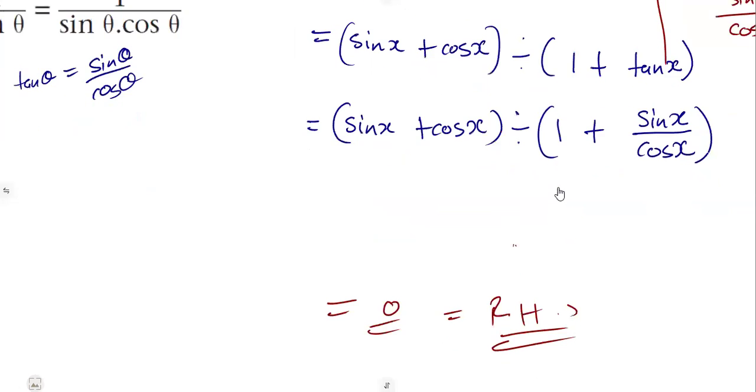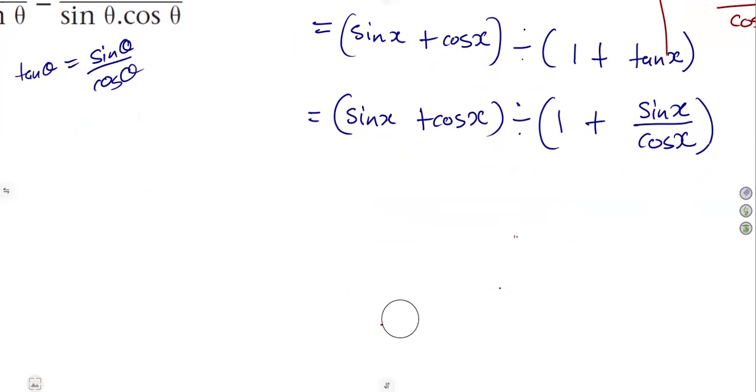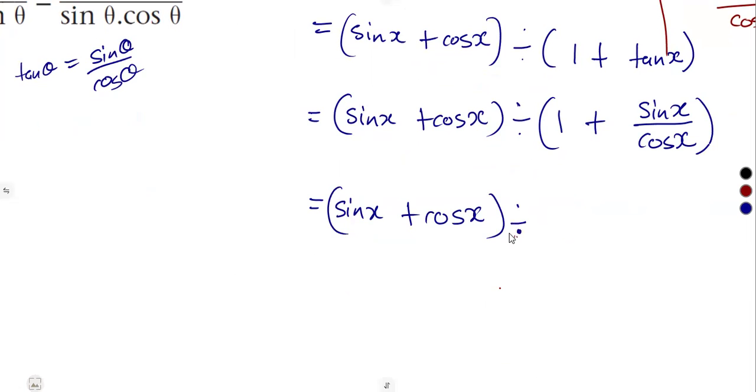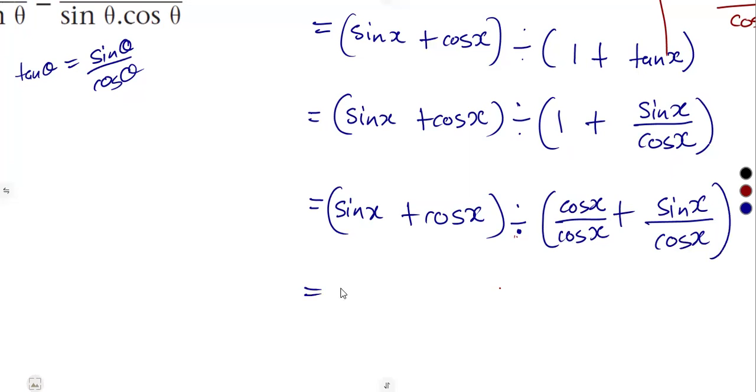Just like the previous case, guys, if we have a condition where we are adding, like here, we can easily combine. So you're going to have the sine of x plus the cos of x, divided by 1 written with cos of x as the denominator, that is cos of x over cos of x, plus the sine of x over cos of x, which allows us to simply combine this.